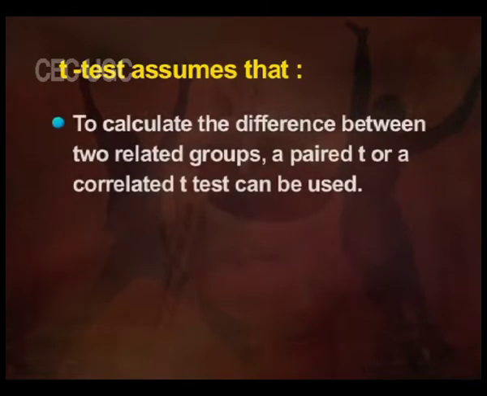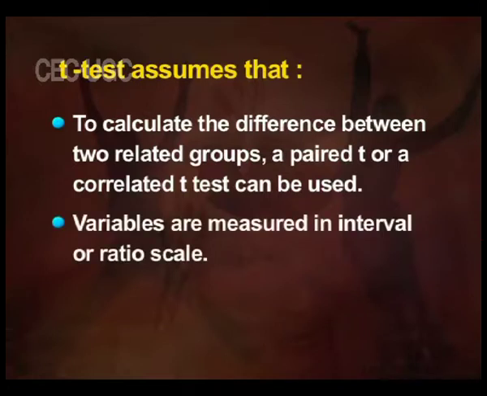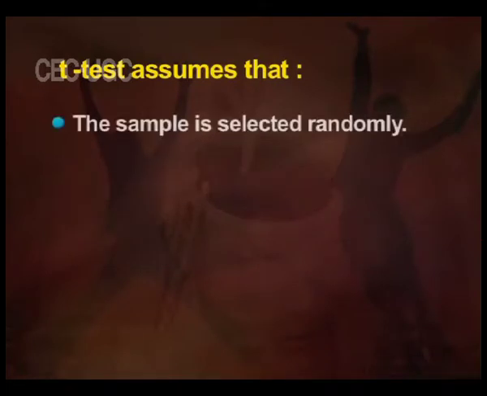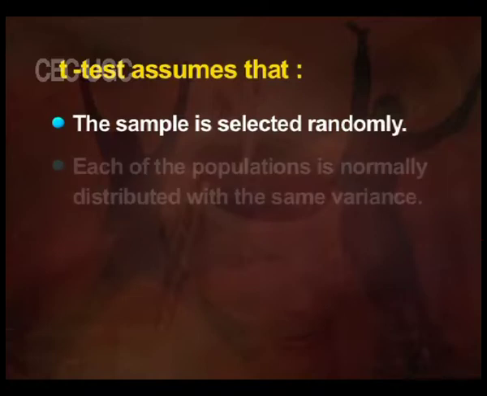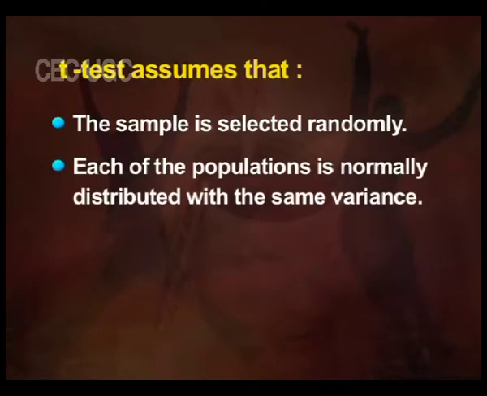To calculate the difference between two related groups, a paired T or a correlated T-test can be used. Fourth, variables are measured in interval or ratio scale. Fifth, the sample was selected randomly. And finally, each of the populations is normally distributed with the same variance.